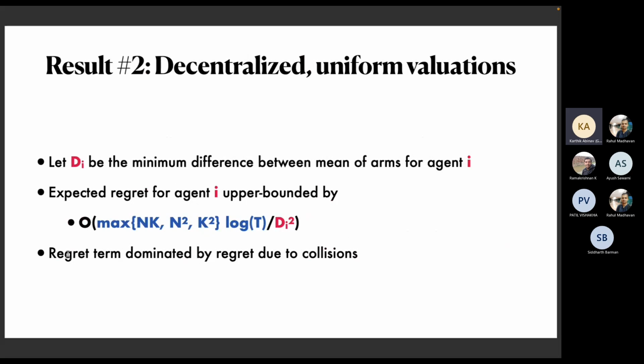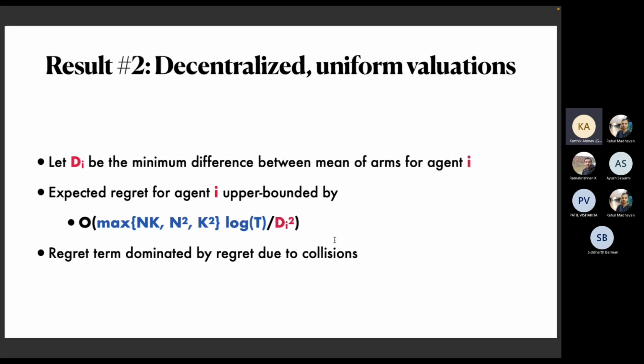And then one interesting thing here is that, again, in the previous setup, you kind of have the regret that is coming due to deviations from the mean while computing UCB and so on. And this thing is primarily dominated by the number of collisions.